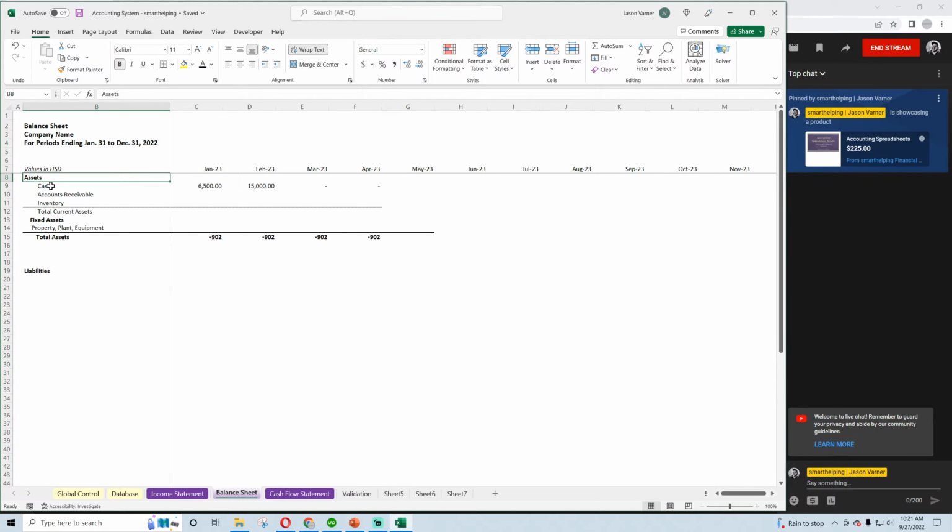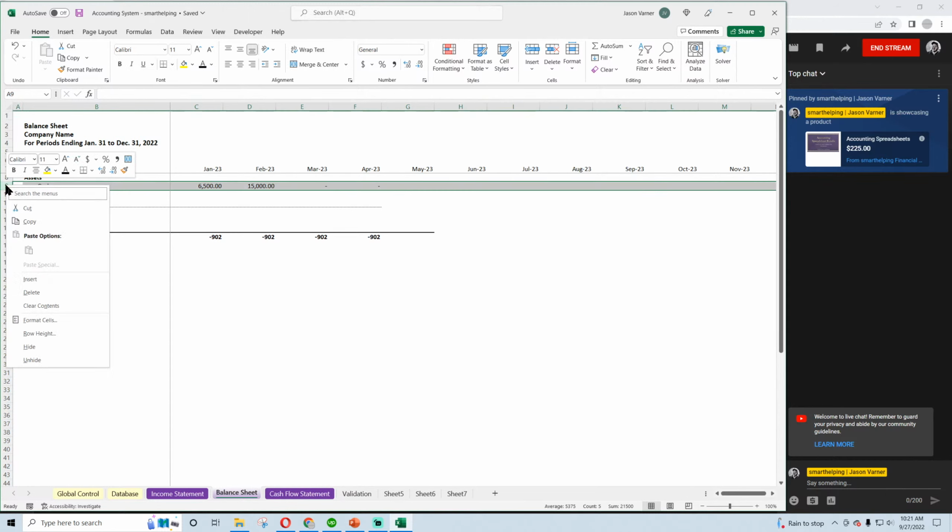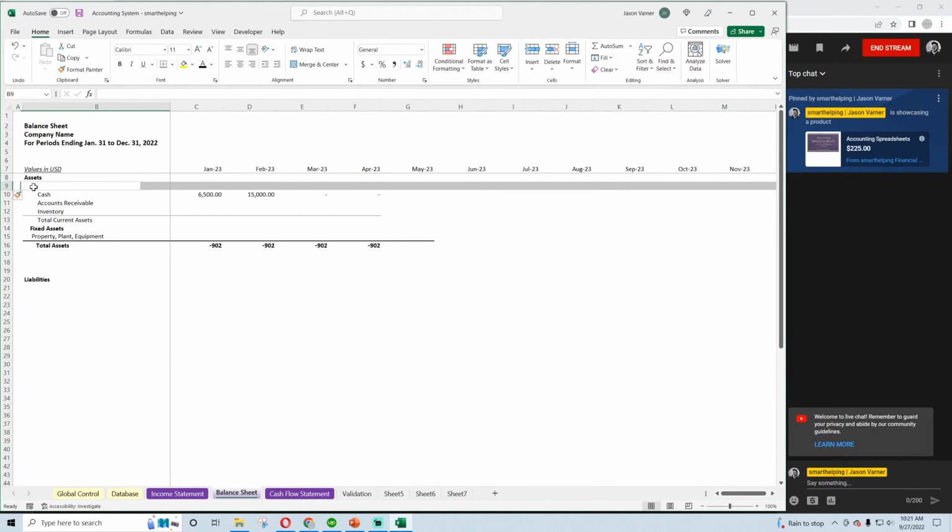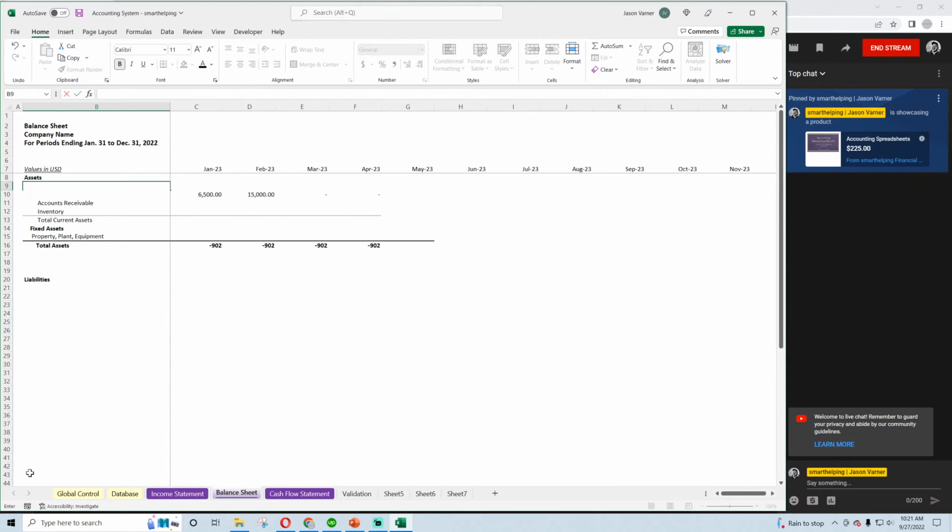Then in assets, we can label this current assets, unbold, but we'll put an underline. Actually, no, we don't want the underline. Current assets, and then there's total current assets. This can actually come back out, I think.